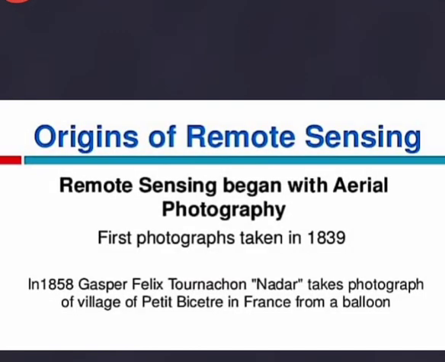Origin of remote sensing. It all started in 1839. The first photograph was taken in 1839, but Gaspard-Félix Tournachon, more commonly known as Nadar, is credited with taking the first successful aerial photograph in 1858 from a tethered hot air balloon elevated to 262 feet over the Petit-Bicêtre.